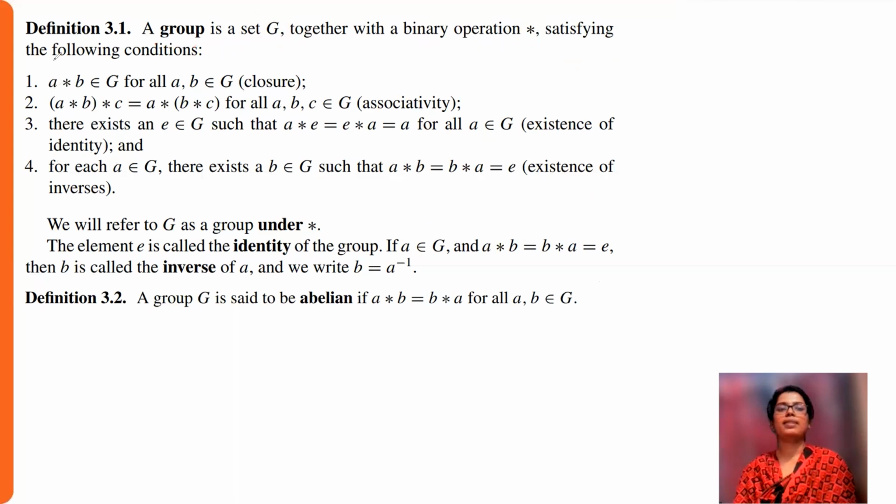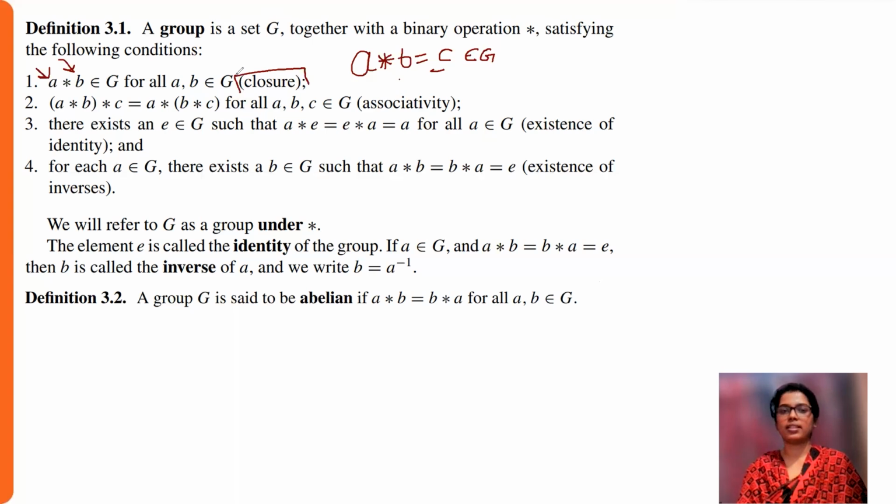If we take any two elements A and B of the group G, and apply the binary operation on these two elements, the resultant element, say C, if this C is in the set G, then we say that the closure property is satisfied by the elements of set G. But we cannot yet say whether this set is a group or not. It should satisfy the other three conditions.